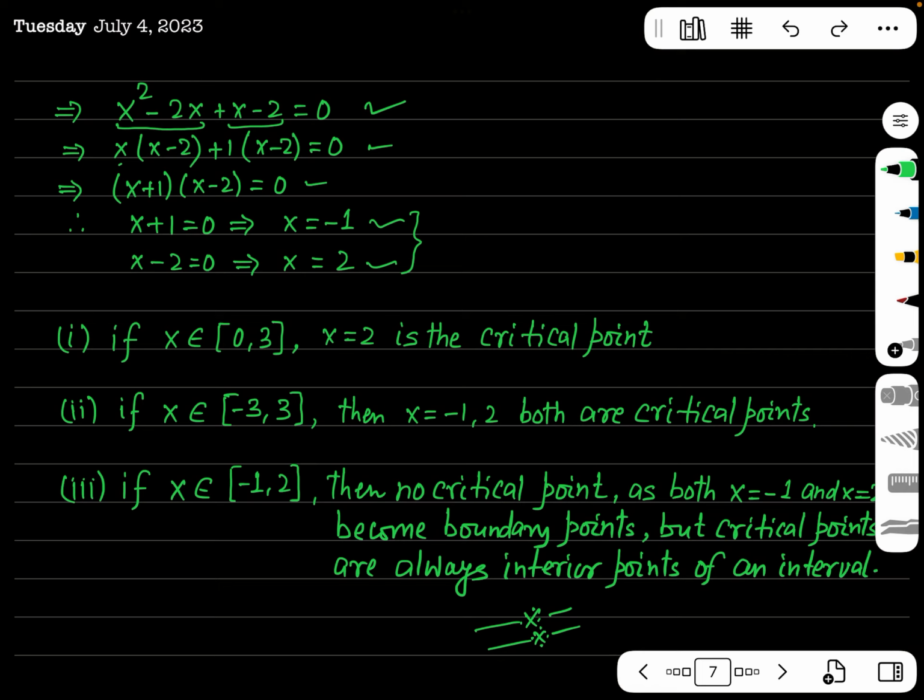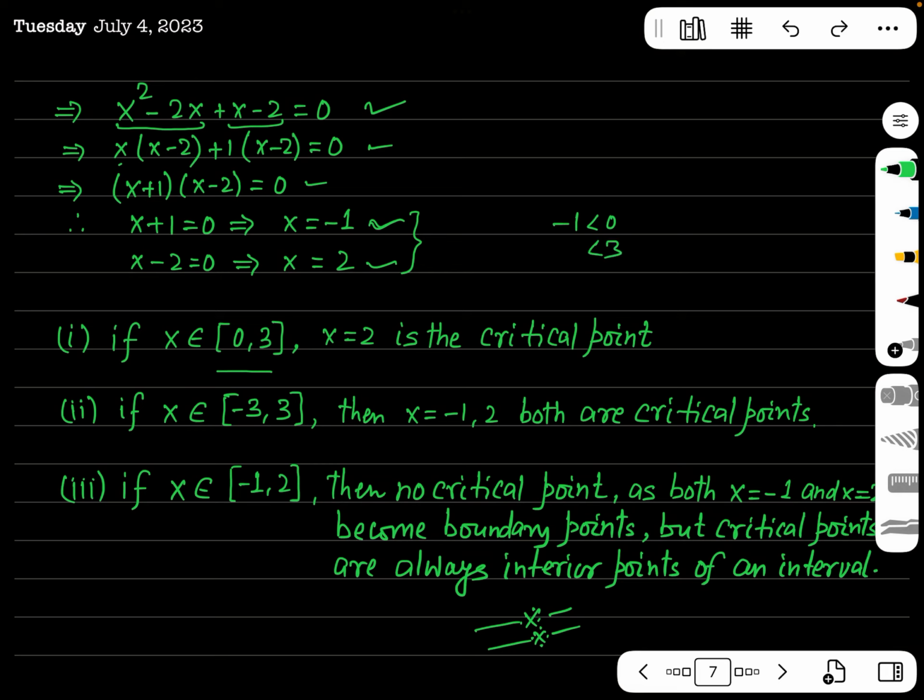But in this question, an interval has been defined, and in that interval you have to now find the critical point. You have seen that the first interval is x belongs to [0, 3]. This is a closed interval. Now see the value of x which we have obtained here. You can see that this -1 is less than 0, and also it is less than 3.